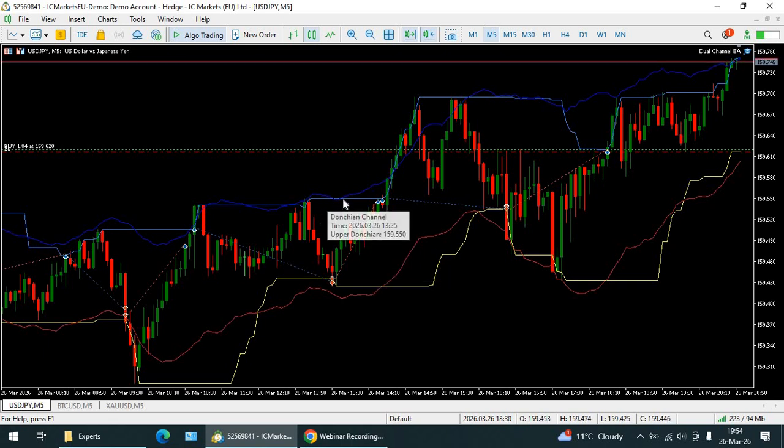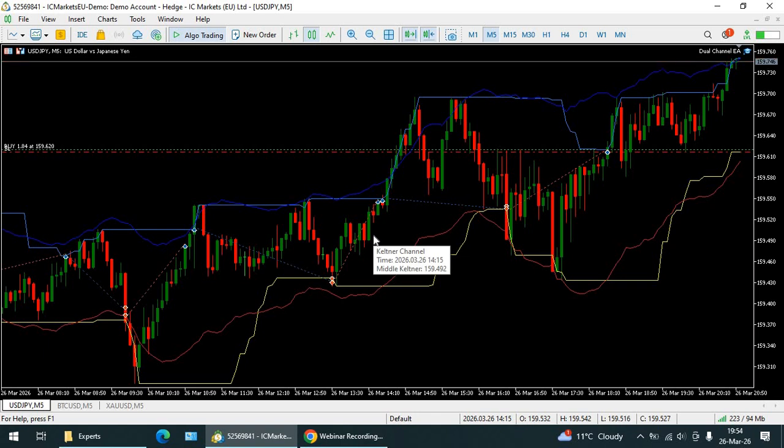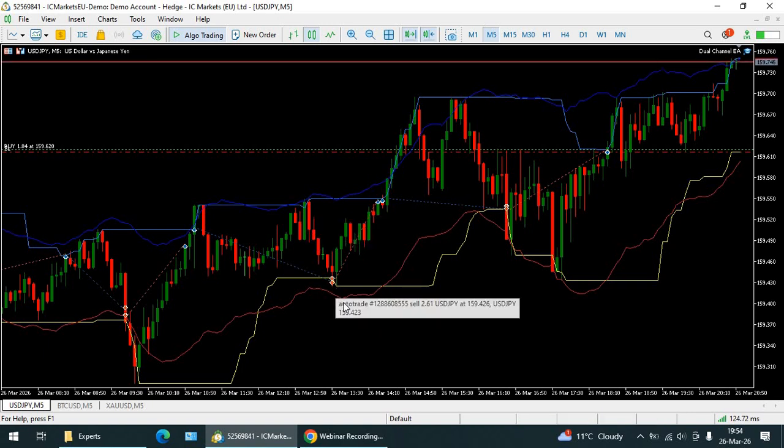The price between the Donchian channel bands or the Keltner channel bands is considered noise, and once it breaks above or below with at least 1 pip, you have a buy-sell signal.